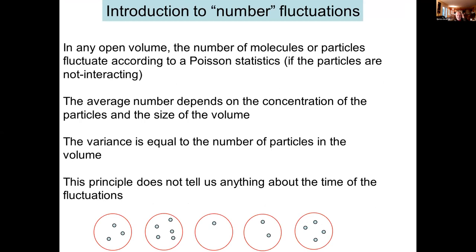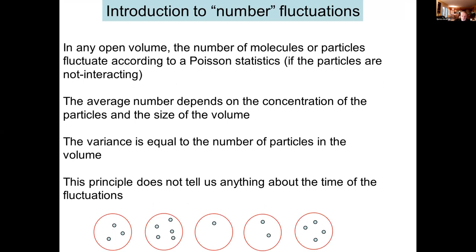So let us talk about this idea of the number fluctuation. So if you have an open volume, which is indicated here by a red line with molecules inside, so those dots are intended to be molecules, the number of molecules or particles fluctuates according to a Poisson statistic. So this is a very important thing, that the number of particles that you can have in a volume fluctuates according to Poisson statistics.